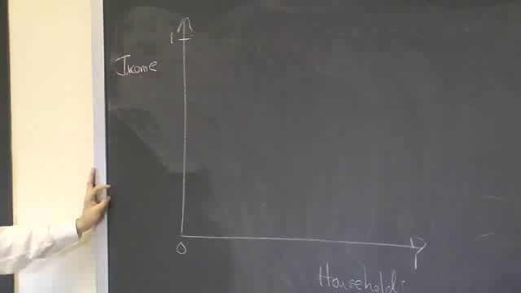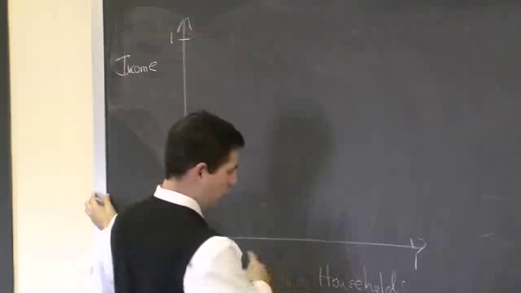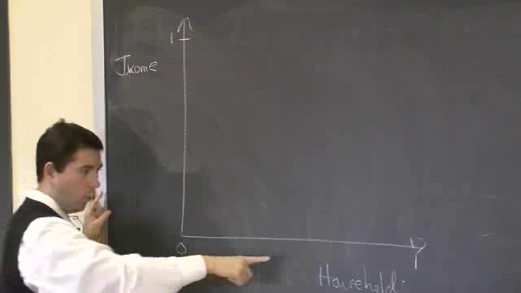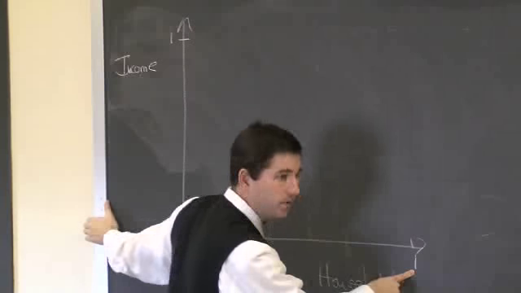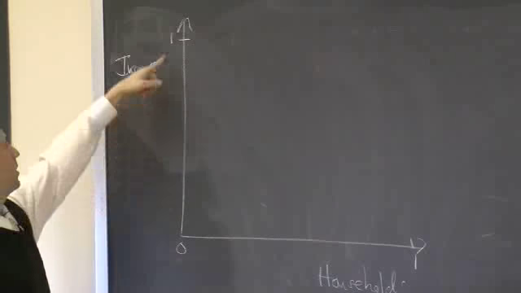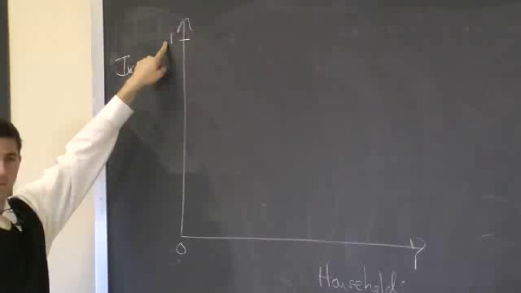So 0 represents 0% of the households, and 1 represents 100% of the households. 0 represents none of the income, and 1 represents 100% of the income.